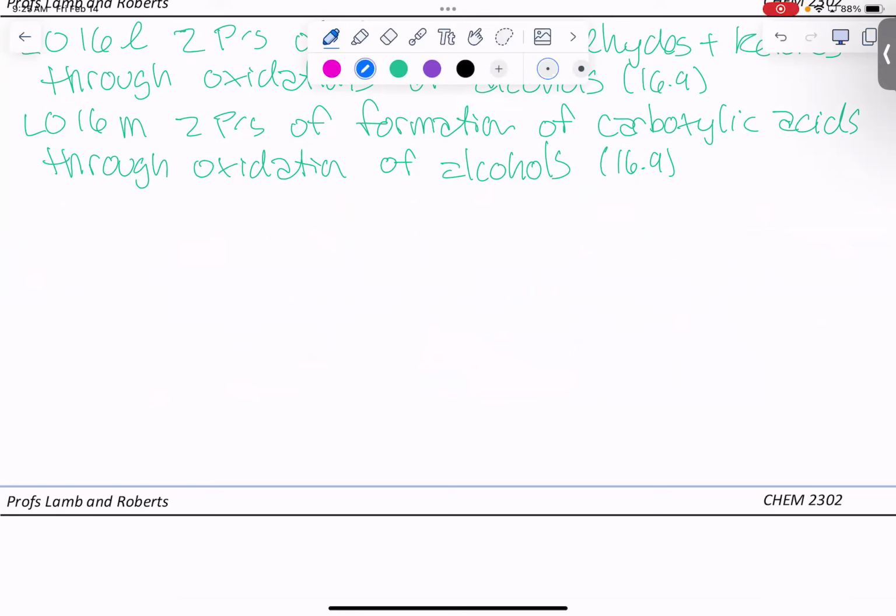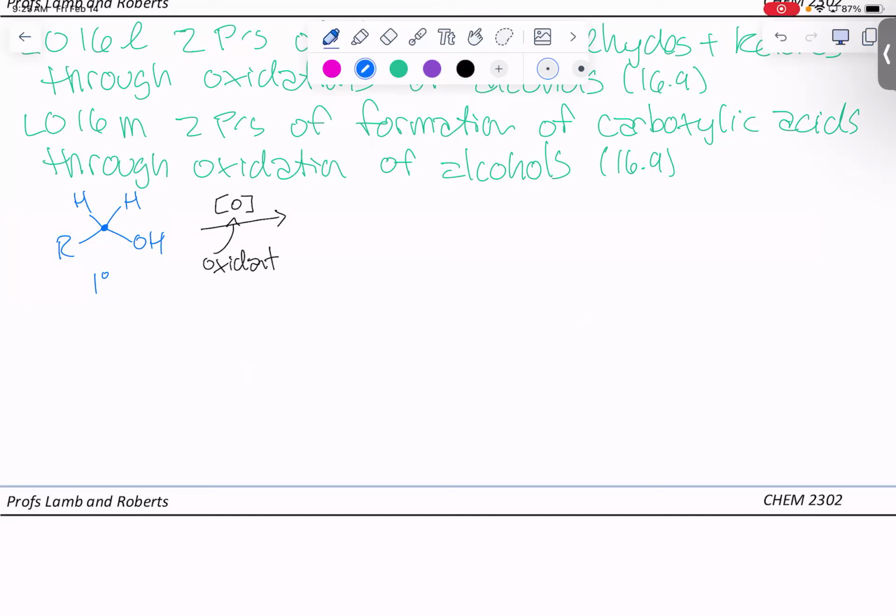We're going to have an alcohol here, and in this case, a primary alcohol. Generally I don't draw in hydrogens, but in this case, I'm going to be pretty suggestive to you. Then this is the symbol for oxidation, so this is an oxidant that we've added, and we'll talk about what those chemicals are.